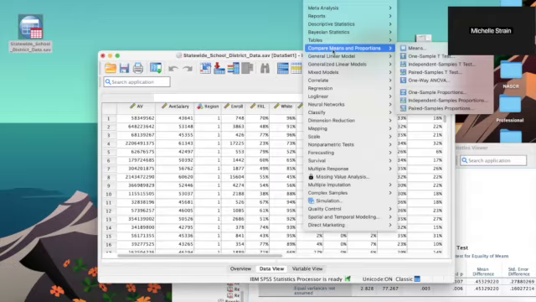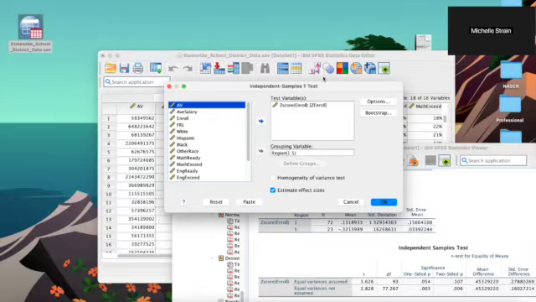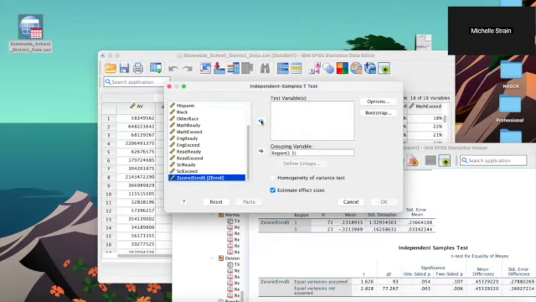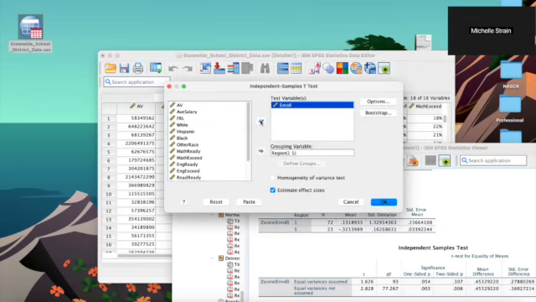And then from there, we're going to go to Independent Sample T-Test. Click on that. We are going to go over here to Enroll as our test variables. And we're looking at our groups as region, and we're looking at regions 1 and 5.